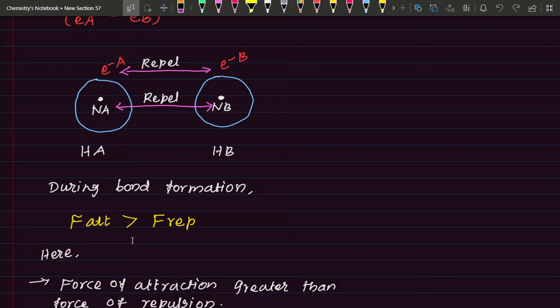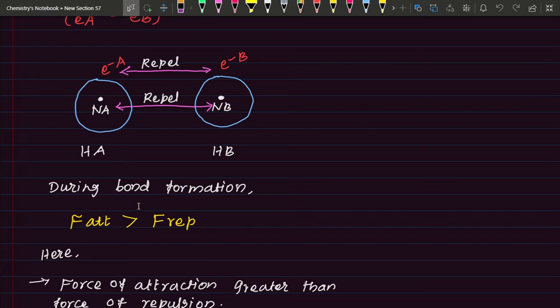That is the main cause for all bond formation, because if repulsive force and attractive force were the same, molecules would not form in the universe.